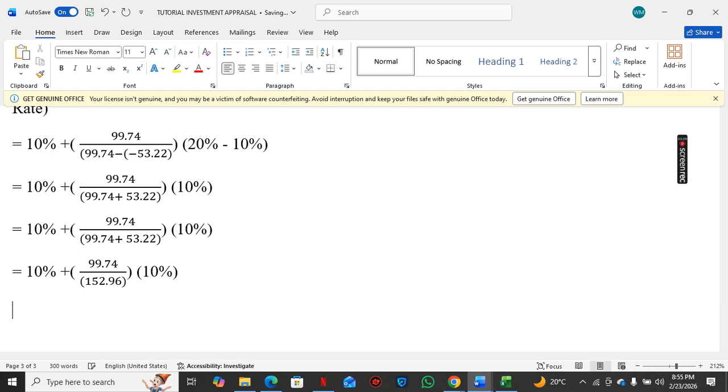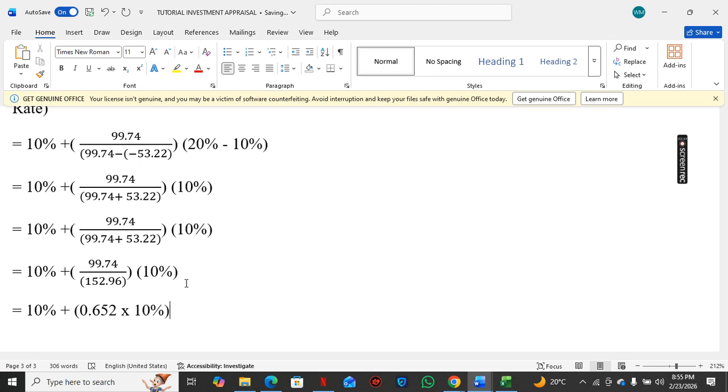Then 99.74 divided by 152.96, you get 0.652, multiplied by 10%.